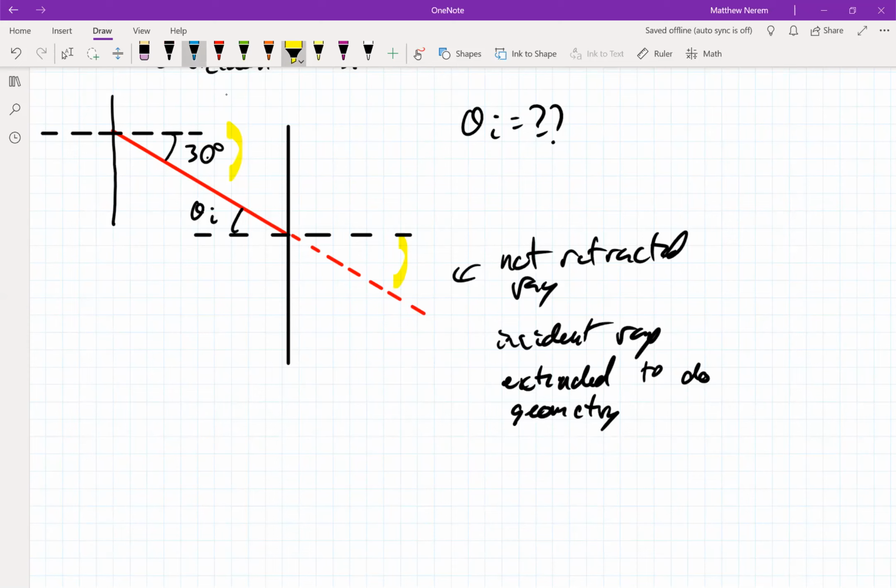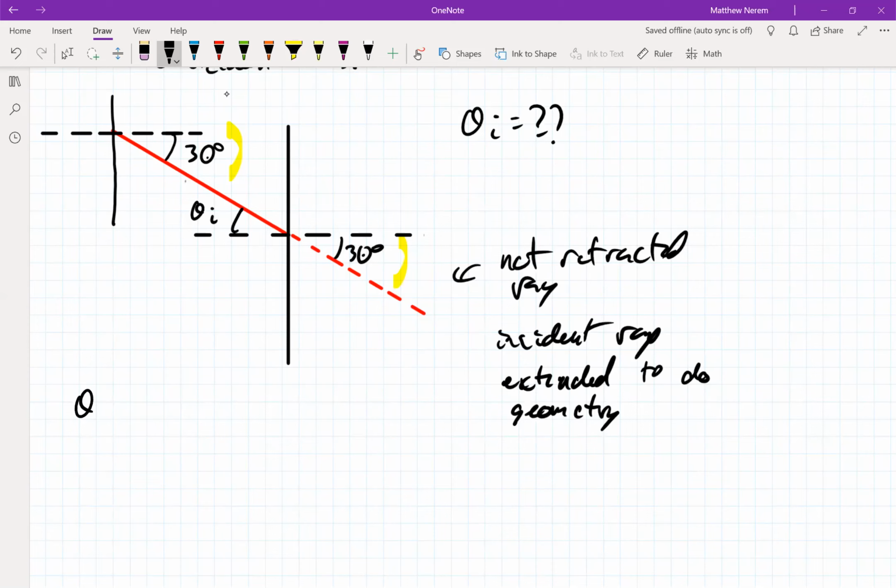Well, that's the same angle. So this guy's 30 degrees. And if you flip across this axis, black to red is also 30 degrees.